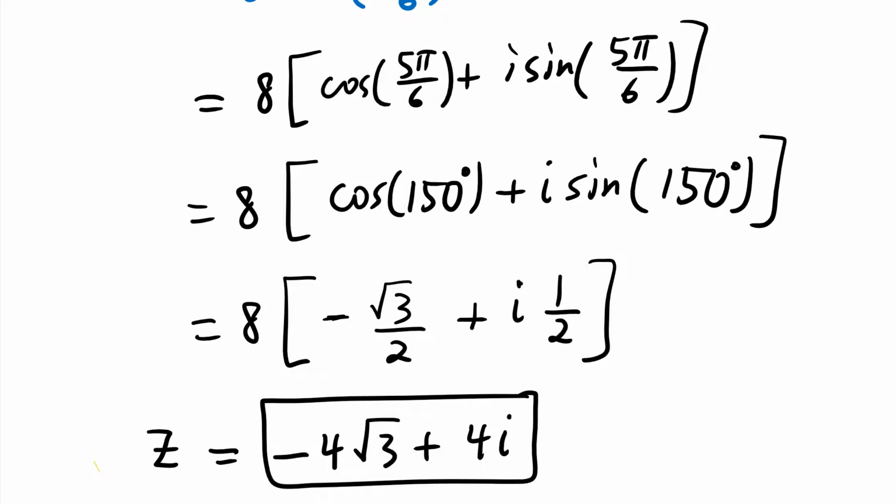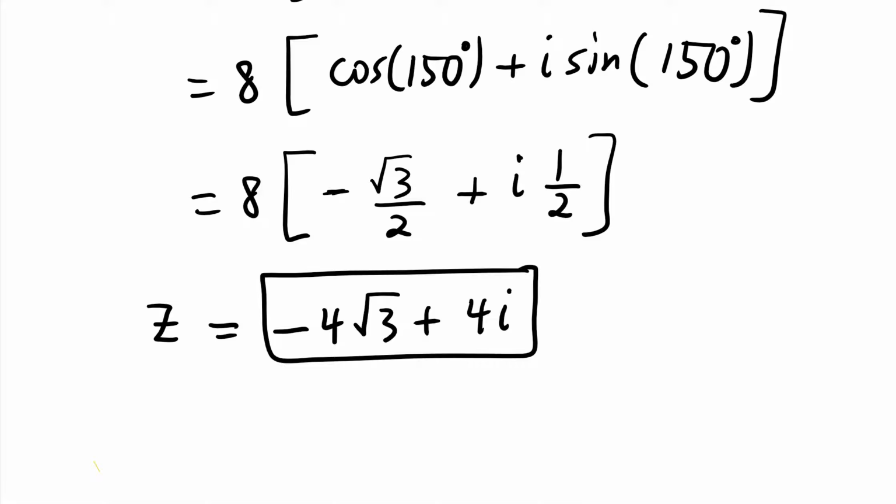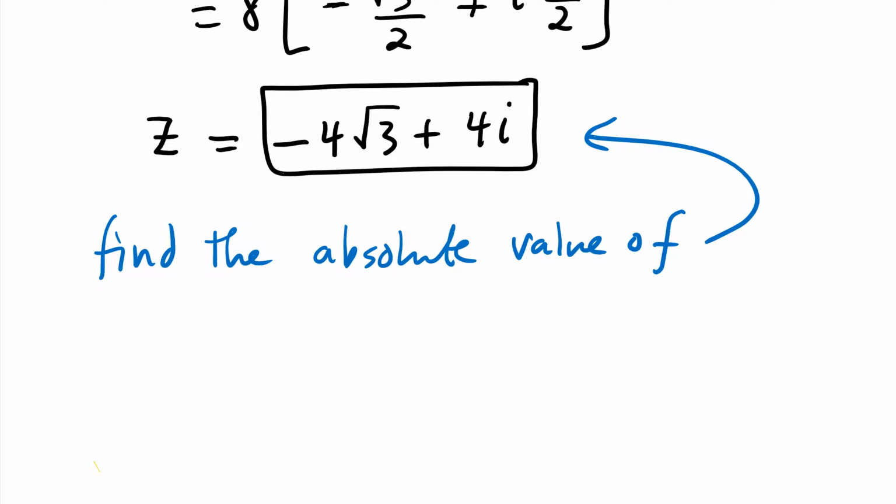So let's call this z. For the same problem, for this answer we just got, we're going to find the absolute value of this. How do you find the absolute value of this?